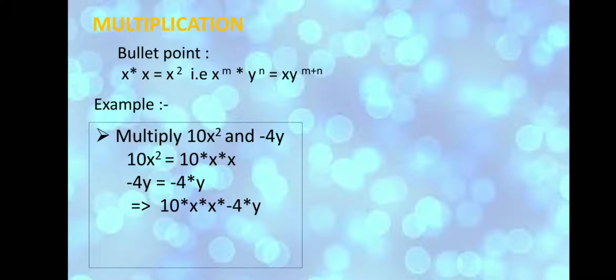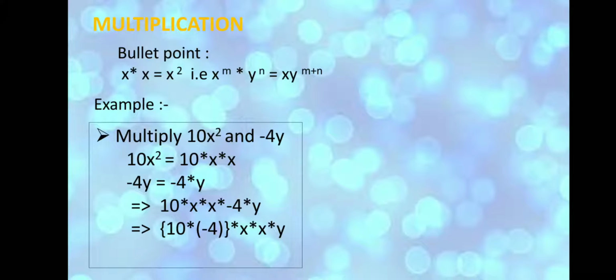How? You will bring the minus 4 into y also with 10 into x, which is 10 into x into minus 4 into y. And now, as I said, we'll take the constant numbers at a place and the variables at the other. So constant numbers are 10 and minus 4. So you will multiply 10 and minus 4, and you'll be multiplying x into y.